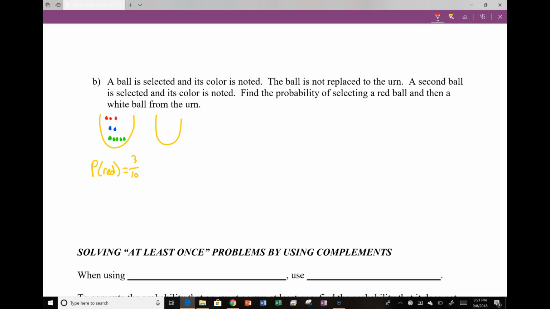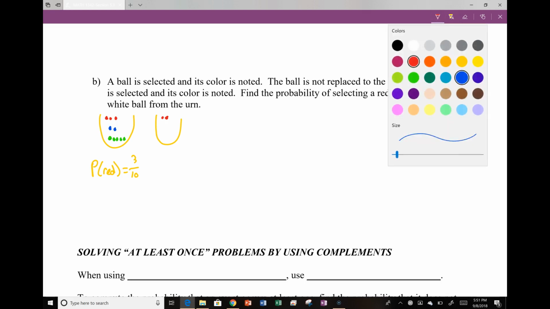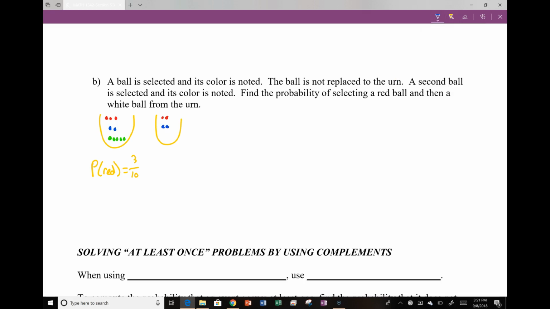Now, our second draw, I took out a red, so now I only have 2 red ones, 2 blue ones, and I still have all 5 white ones. And we want to look at the probability of getting a white ball on the second one. So the probability of a white, and since I do not have the same number, I'm going to say given that a red was on the first time.